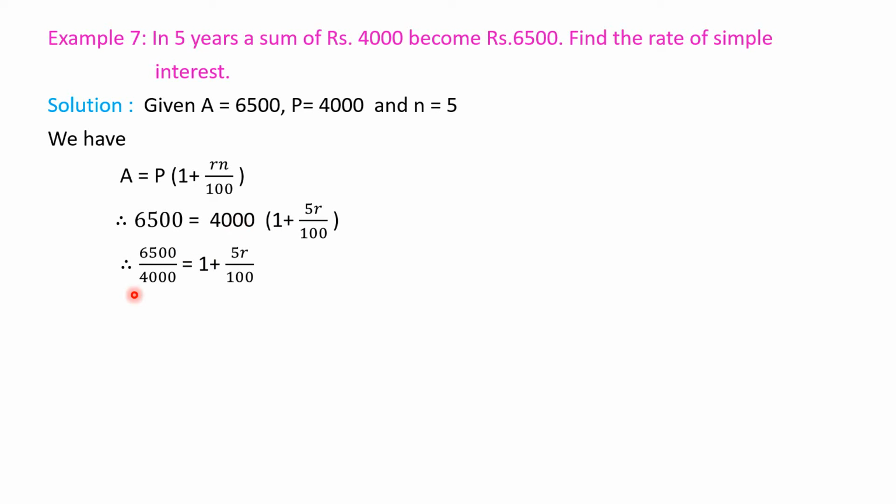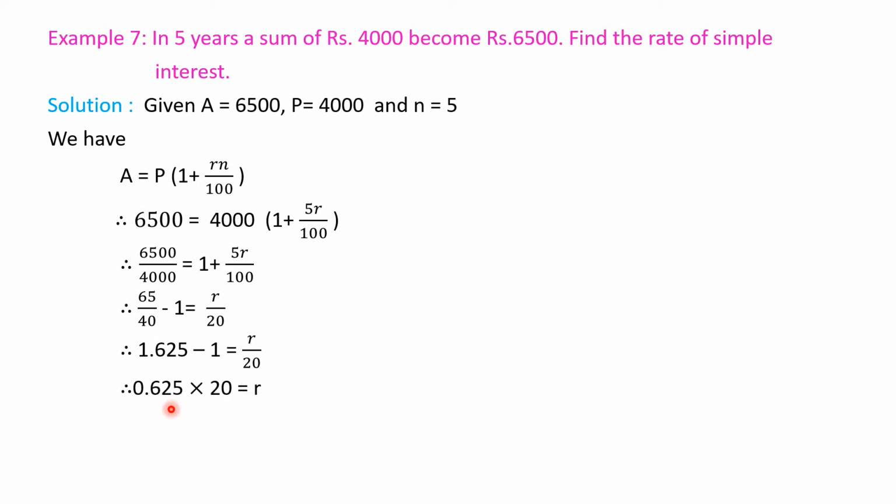4,000 divide to the left side. So, 6,500 divided by 4,000 is equal to 1 plus 5R divided by 100. After simplifying, 65 divided by 40, 1 becomes minus 1 on the left side, is equal to R divided by 20. So, 1.625 minus 1 is equal to R divided by 20.